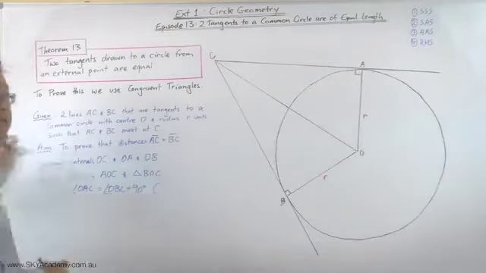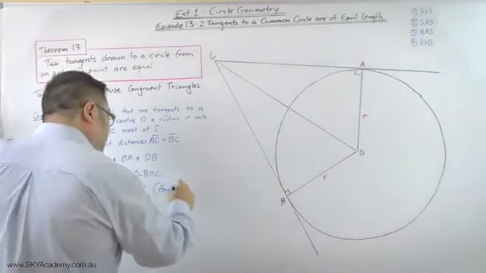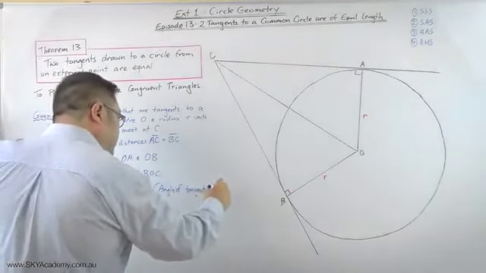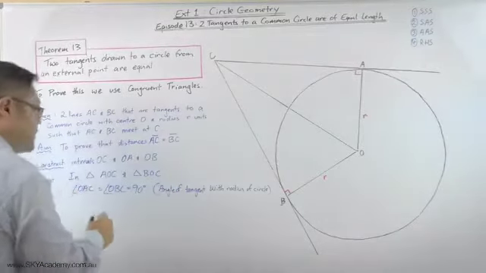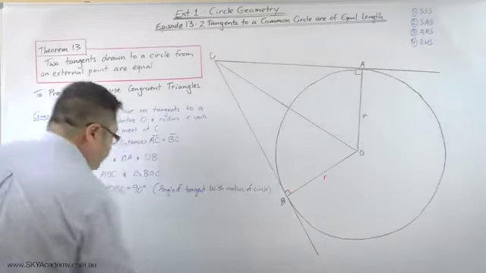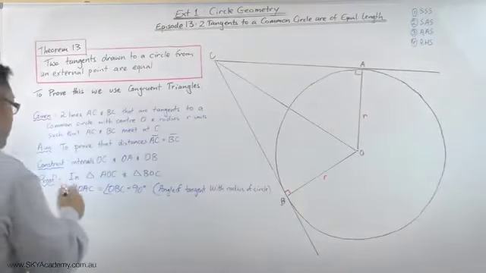And the reason why is it is the angle of a tangent with the radius of a circle. Now, the second thing, that's R. I'll do this with a red pen. The next one is H, which is OC is equal to OC.